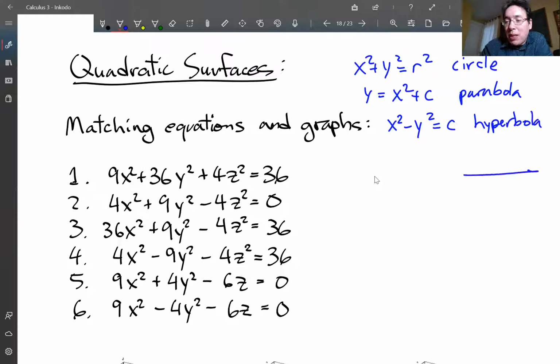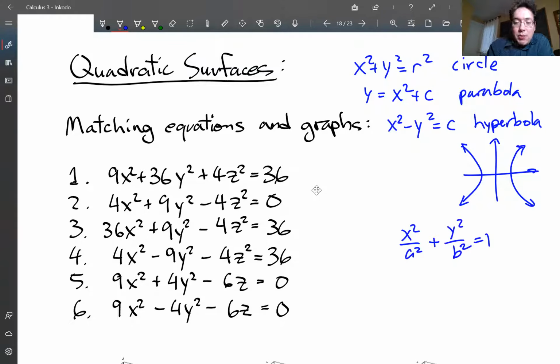A hyperbola might look something like this. Something like that. And let's see, what am I forgetting? Like an ellipse, right? So this might be a formula that you're more used to. So let's see. That would be an equation for an ellipse.